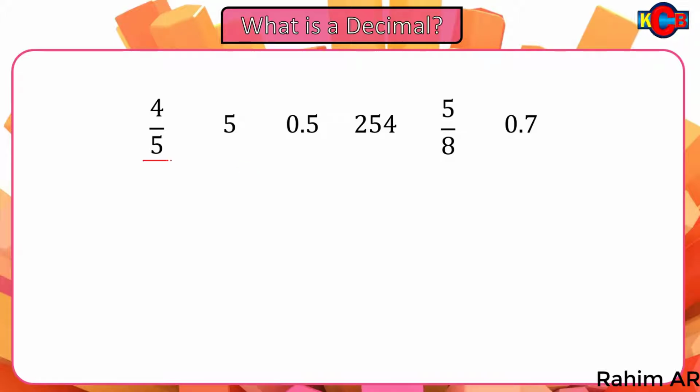This is a fraction, 4/5. So, this is not a decimal number. This is a whole number, 5. Okay? So, this is also not a decimal number. Here, we still don't know what this number is. Then we go here.